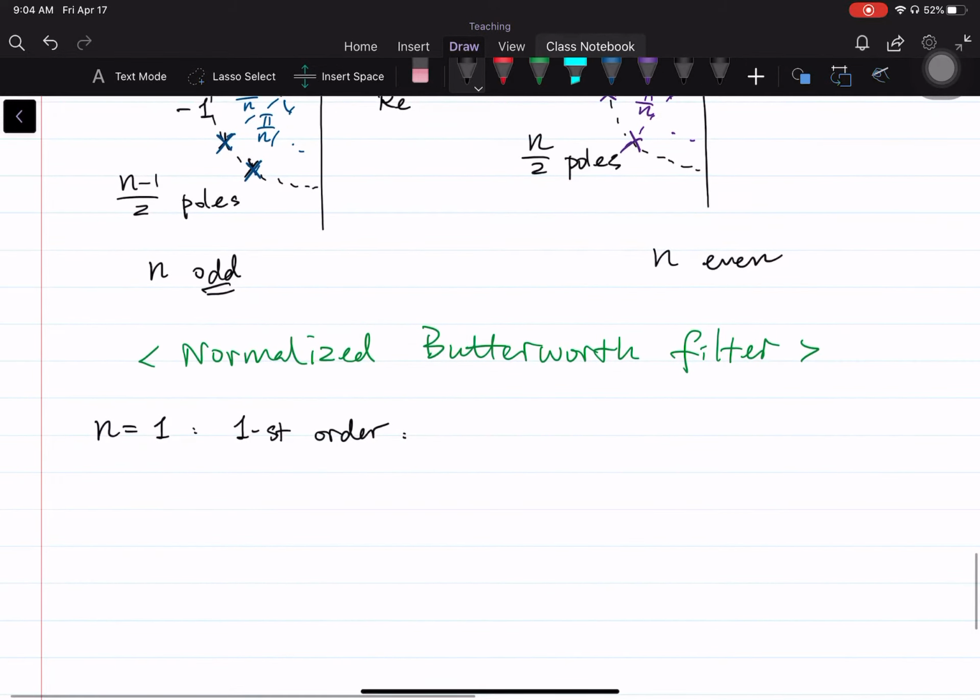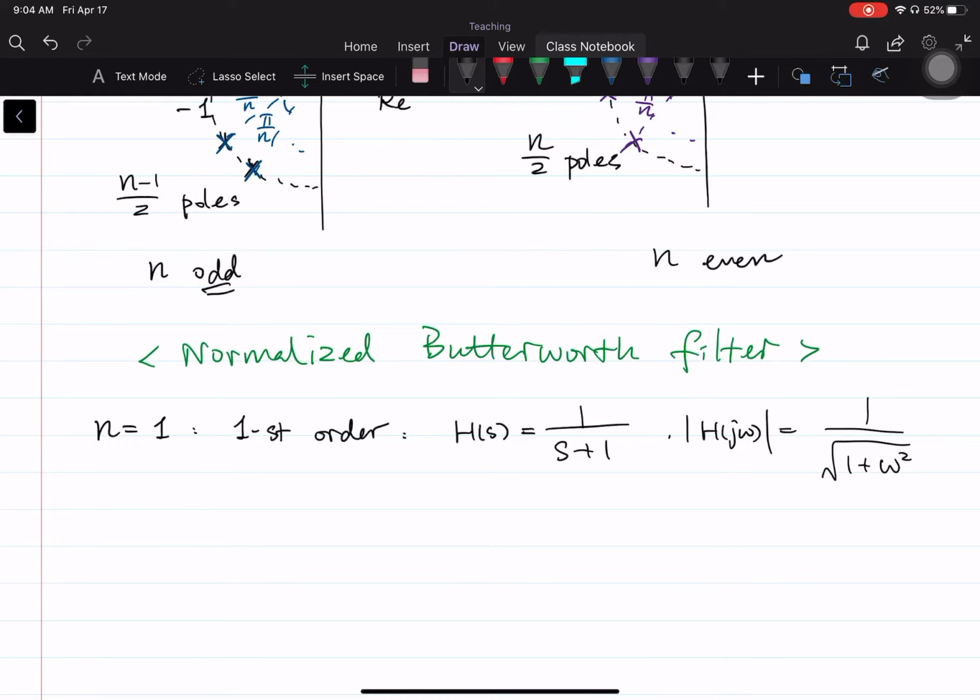And since it's a first order system, that's the only pole you have. H of s equals 1 over s plus 1. And the magnitude of its frequency response is not difficult to find out. It's going to be 1 over the square root of 1 plus omega squared.